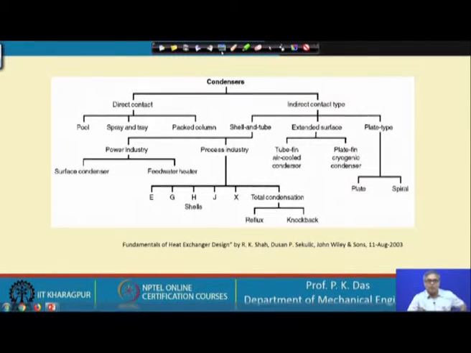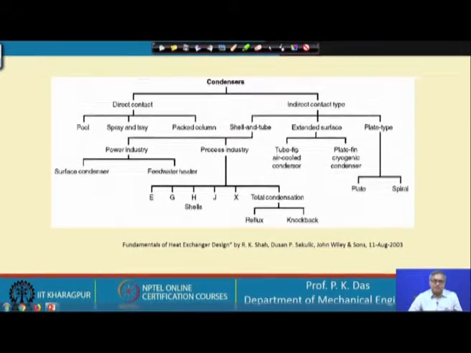And then we have other designs other than shell and tube design. We have extended surface, that means fin, tube-fin heat exchangers, which are very widely used in air conditioning and refrigeration applications.